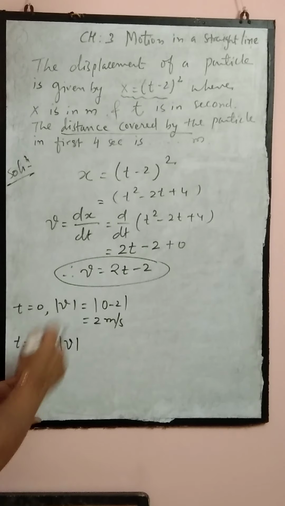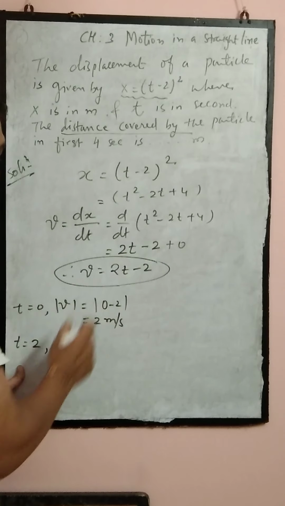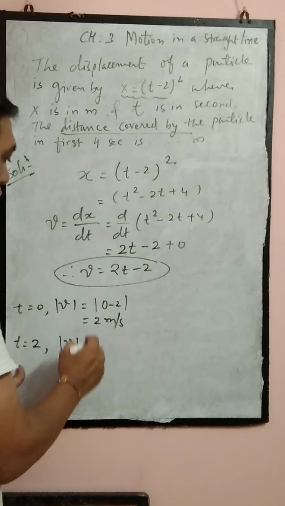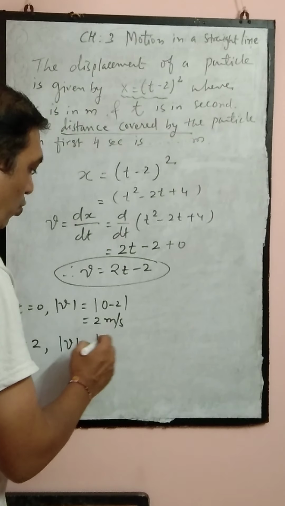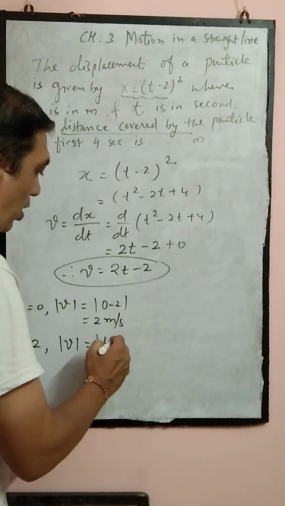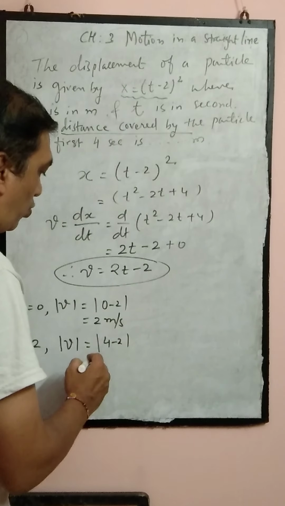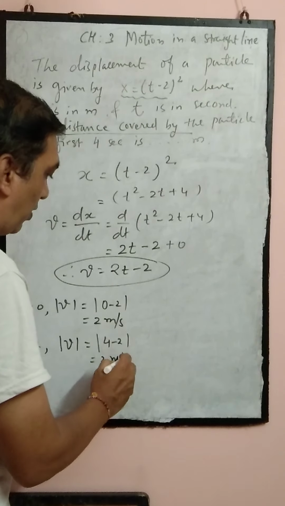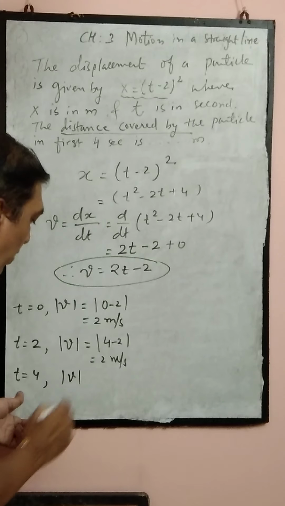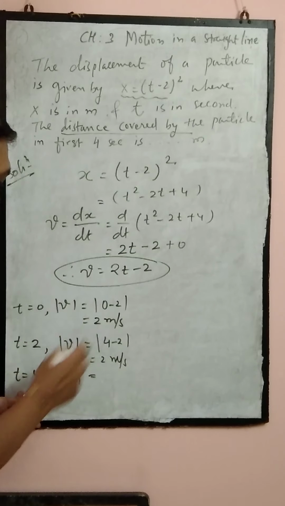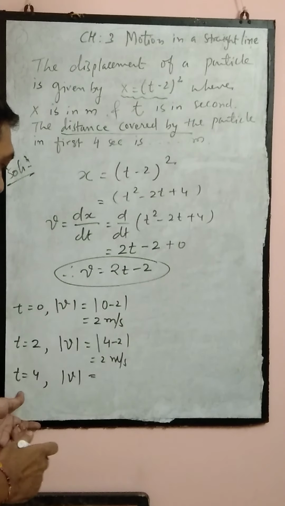So t equal to 2, when you substitute, what will we get? v equal to 2 into 2, in modulus, that is 4 minus 2, which is equal to 2 meter per second. Now when you substitute t equal to 4, what will we get? The magnitude of velocity, that is speed, equal to 8 minus 2, that is 6.